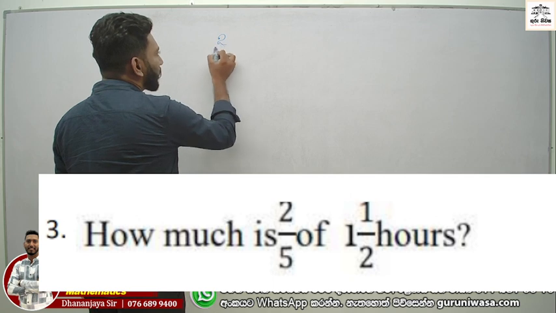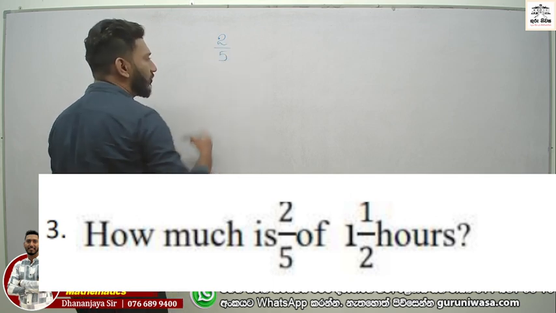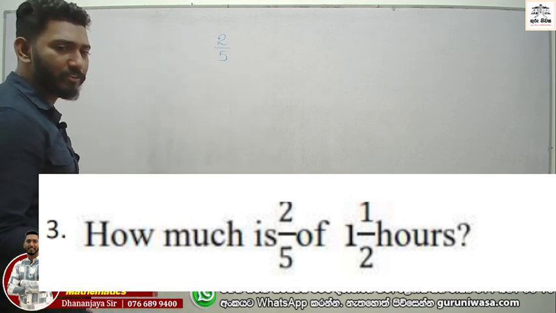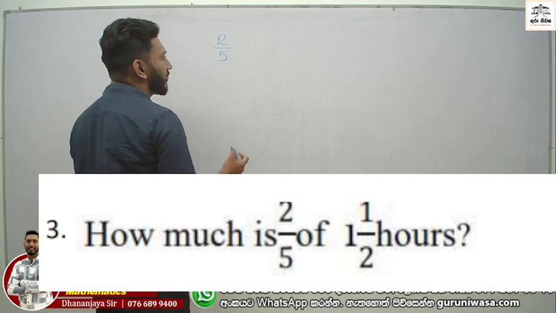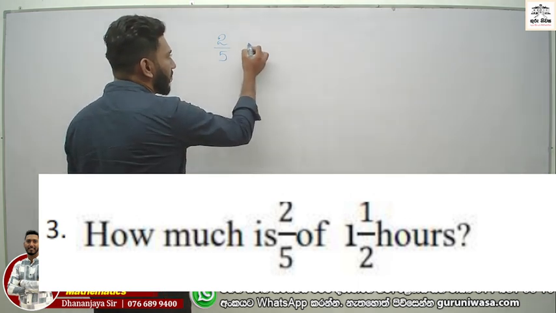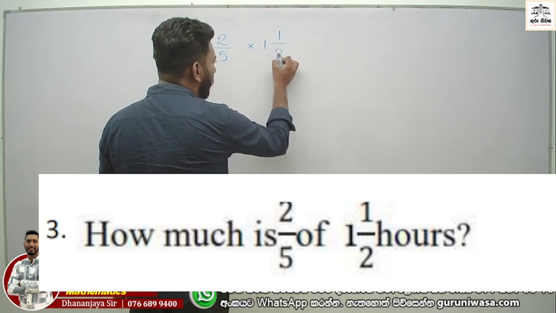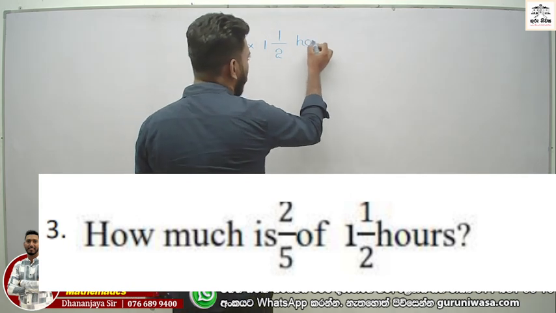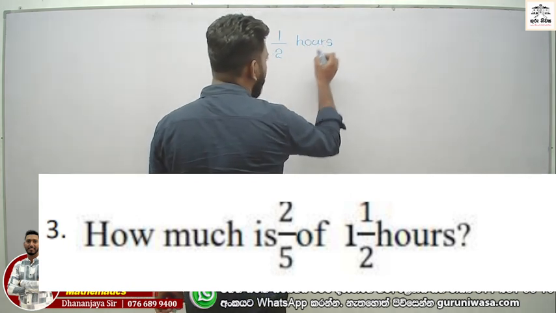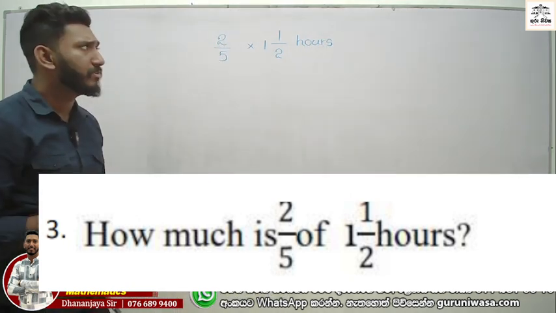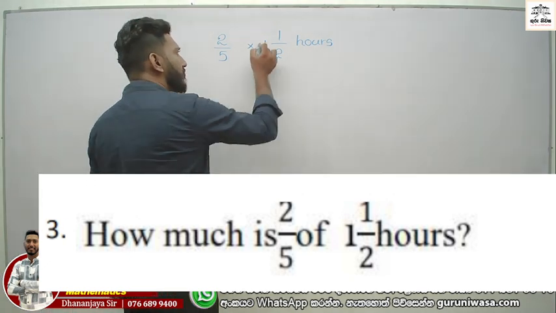So 2/5 is multiplied by the 1.5 hours. And you know 1.5 hours is a mixed number.